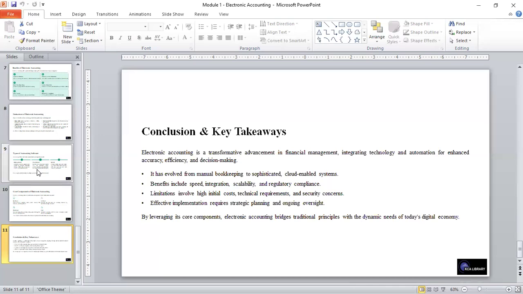We've seen its limitations, as it involves high initial cost, technical requirements, and security concerns. And we've seen that effective implementation requires strategic planning and ongoing professional oversight. By leveraging its core components, electronic accounting bridges traditional principles with the dynamic needs of today's digital economy.